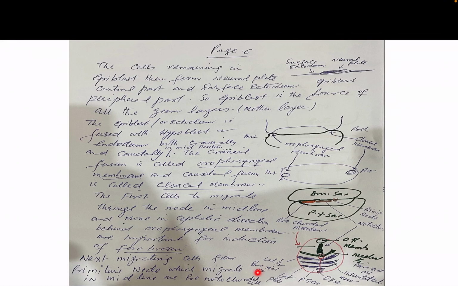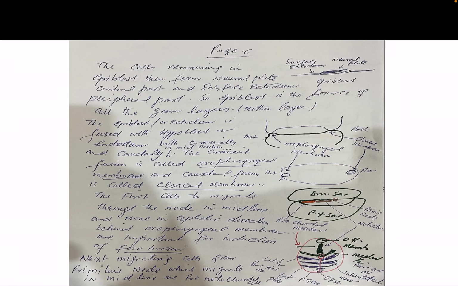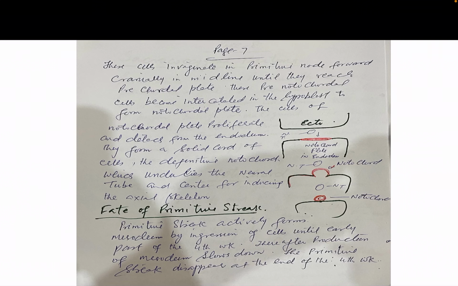Next, migrating cells from the primitive node invaginate and move forward cranially in the midline until they reach the prechordal plate.